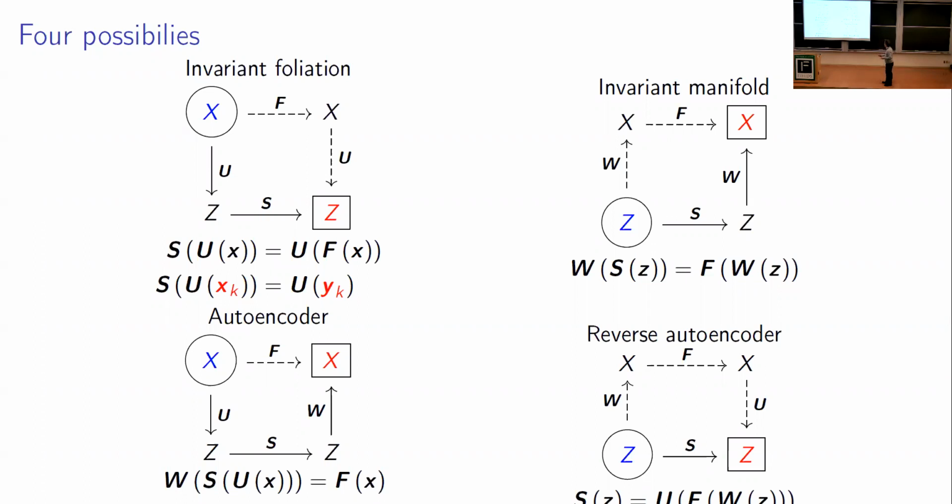So you can do autoencoders where you use an encoder and a decoder, and try to write down the invariance equation as you go through the arrows. That's here. And basically you find that there's an f of x somewhere, you can replace it with the data, so you can fit this to data.